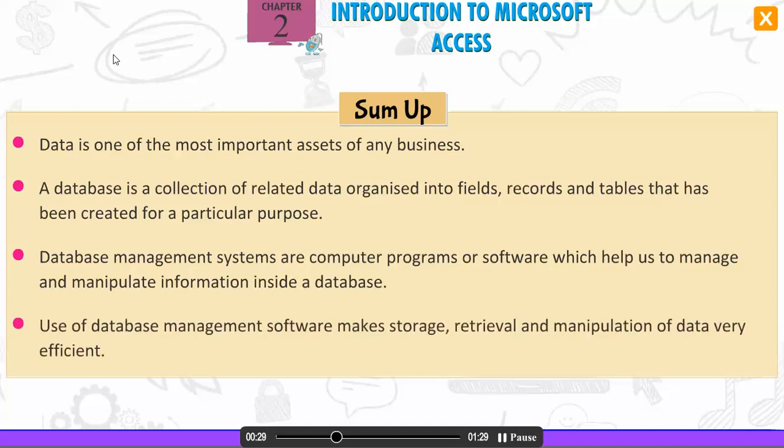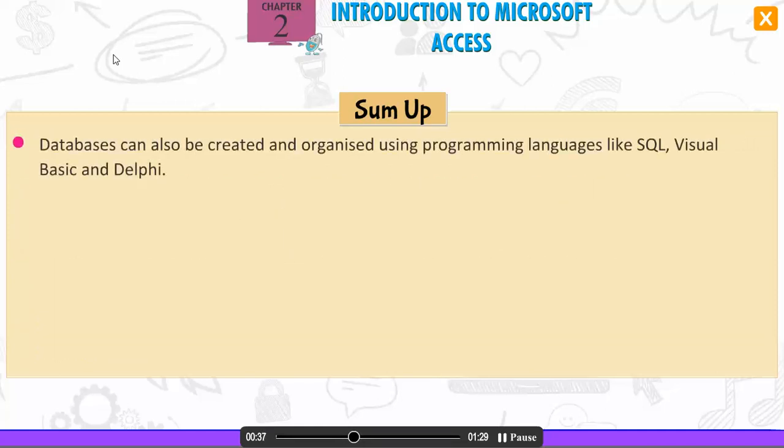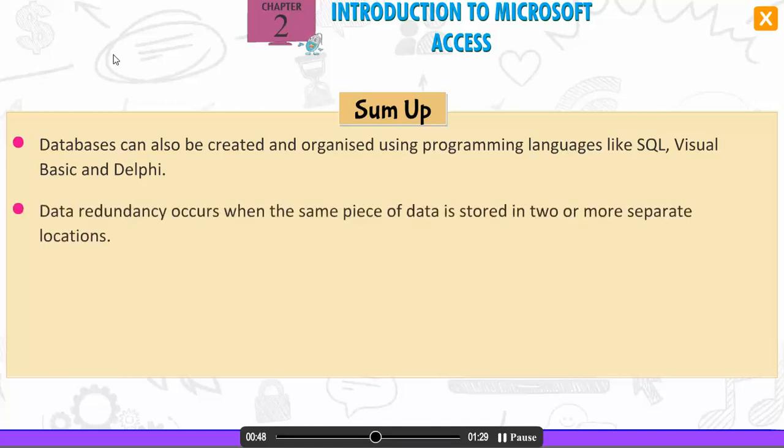Use of database management software makes storage, retrieval, and manipulation of data very efficient. Databases can also be created and organized using programming languages like SQL, Visual Basic, and Delphi. Data redundancy occurs when the same piece of data is stored in two or more separate locations.